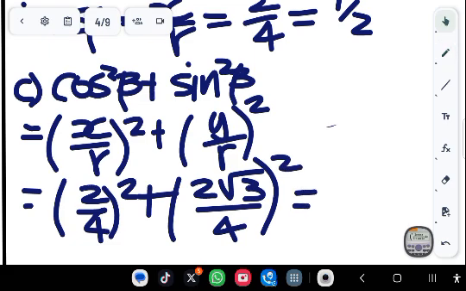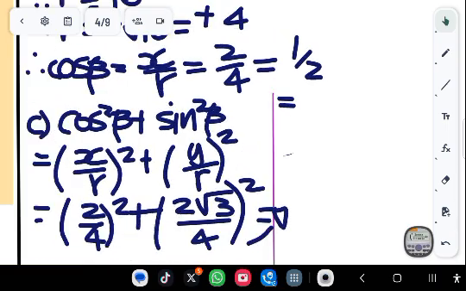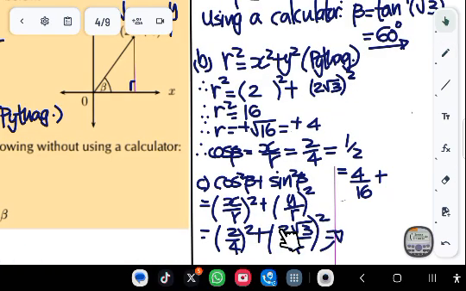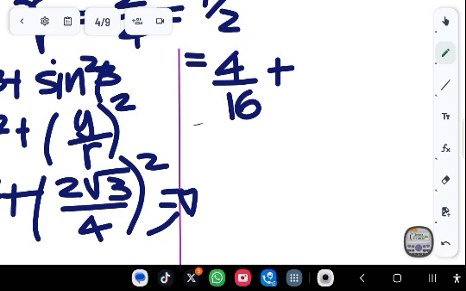You can even do the calculations without using a calculator. In fact, let's do that without a calculator so you can see for yourself. That is 4 over 16 plus 2 root 3 squared. So that will be 2 squared, which is 4, times square root of 3 squared, which is 3.